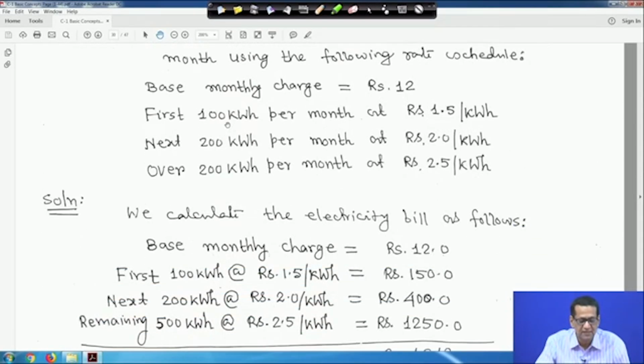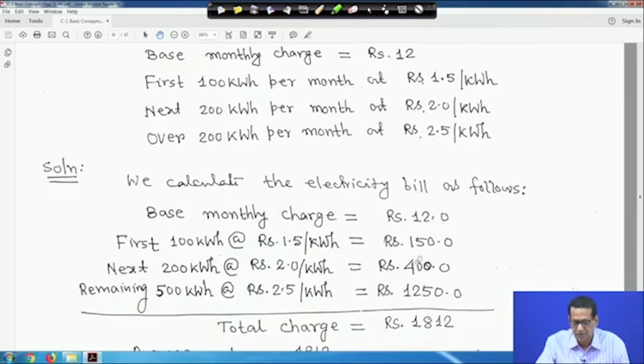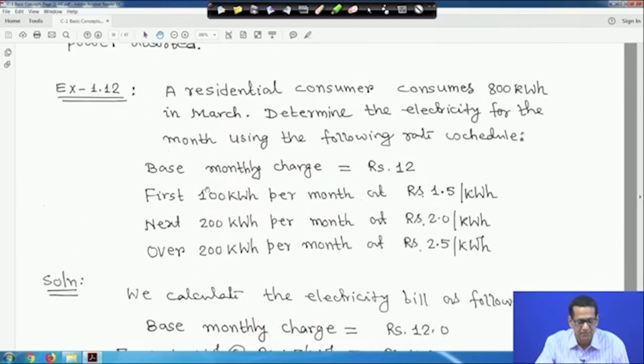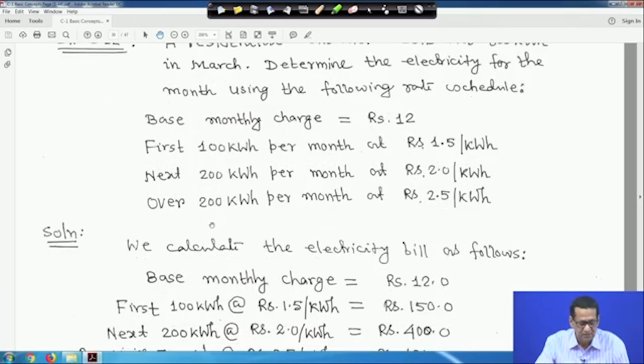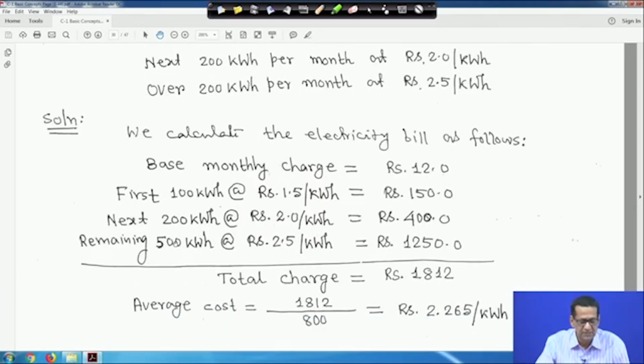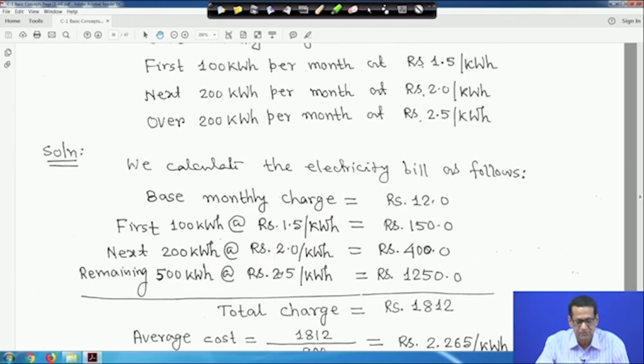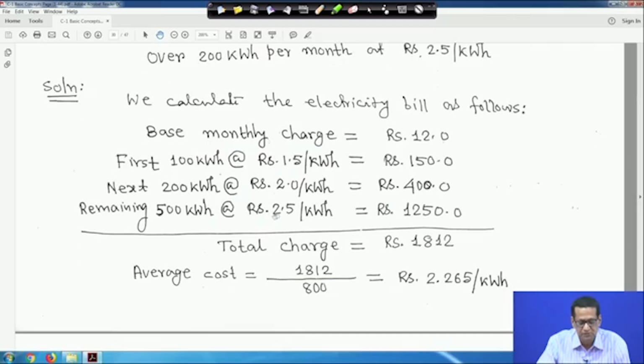Now, total is 800 kilowatt hour. 100 plus 200, 300 kilowatt hour we have already computed, rupees 150 and 400. The remaining will be 500 kilowatt hour, because 800 minus 100 minus 200. The remaining 500 kilowatt hour will be at rupees 2.5 per kilowatt hour, so 500 into 2.5 is rupees 1250.